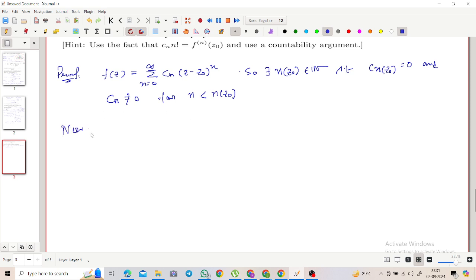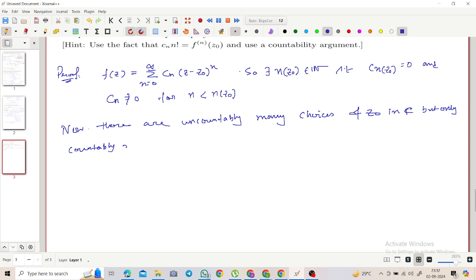Now there are uncountably many choices of z0 in C, but only countably many choices of n(z0) in the natural numbers.